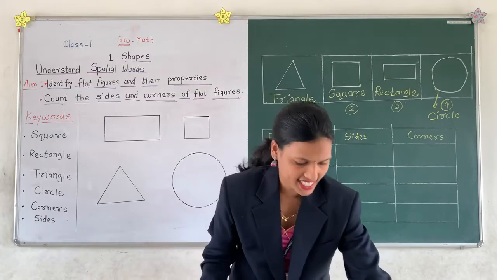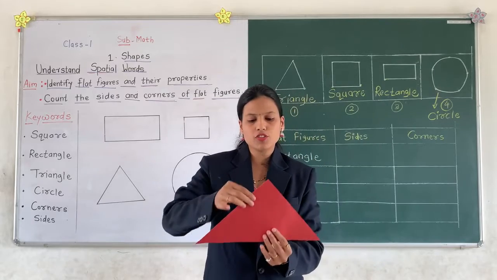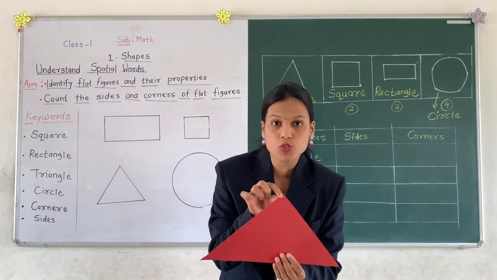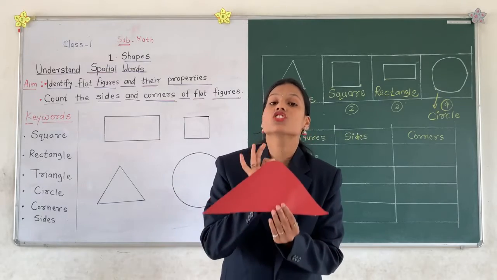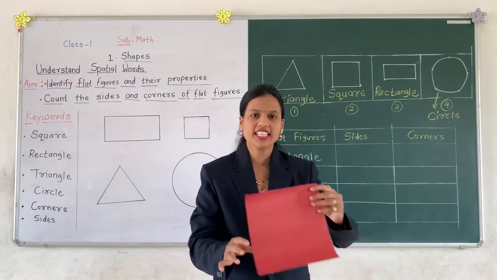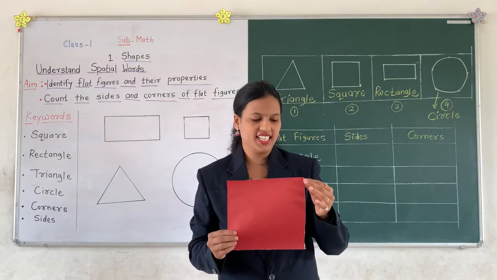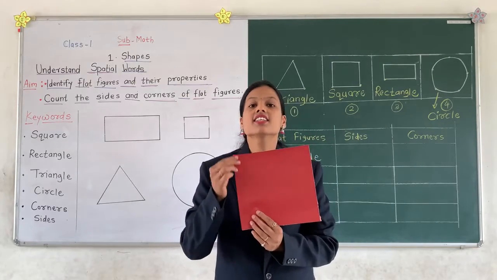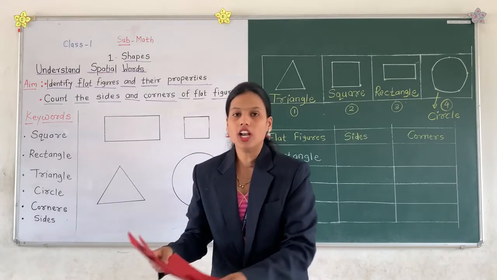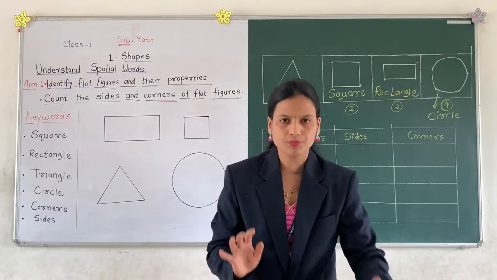Next. What is the name of the shape? Right? This is triangle. Okay. And what is the name of the shape, students? This is square. Okay. So these are all the flat shapes.